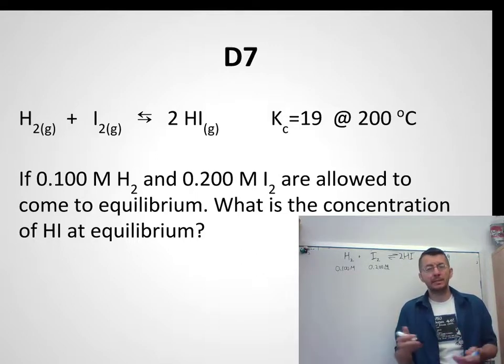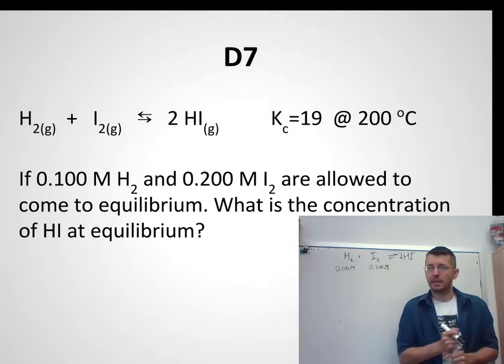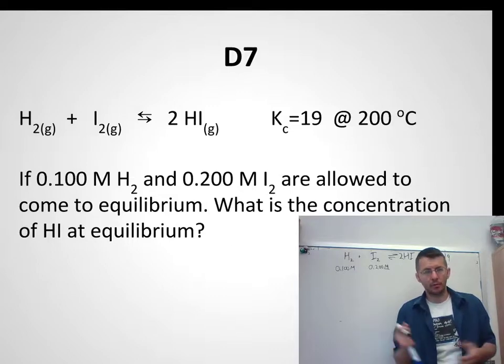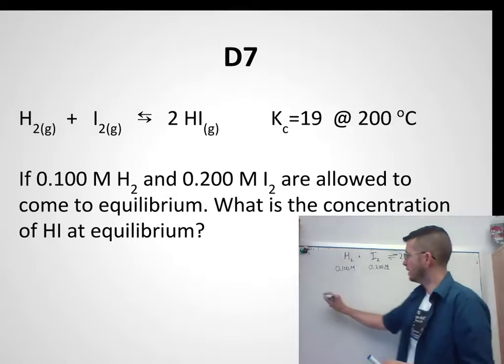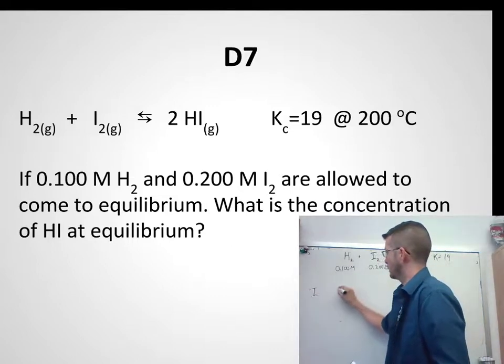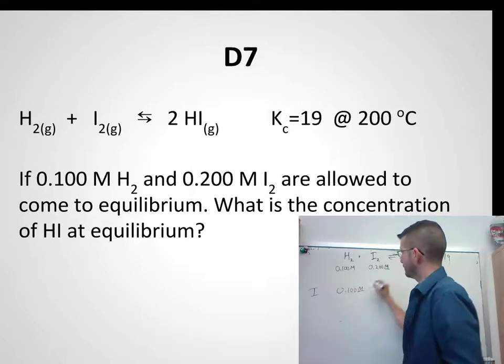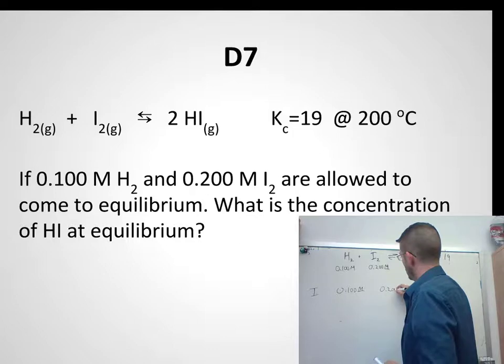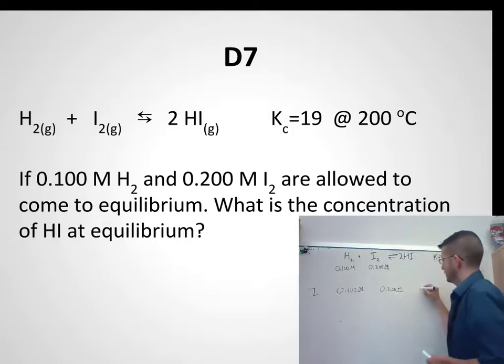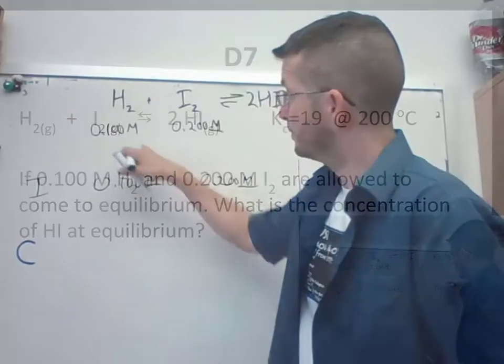If we can set it up and solve for the change, we are often capable of solving for these concentrations. So our initial concentrations, no surprise, are 0.100 molar, 0.200 molar, and 0 molar.